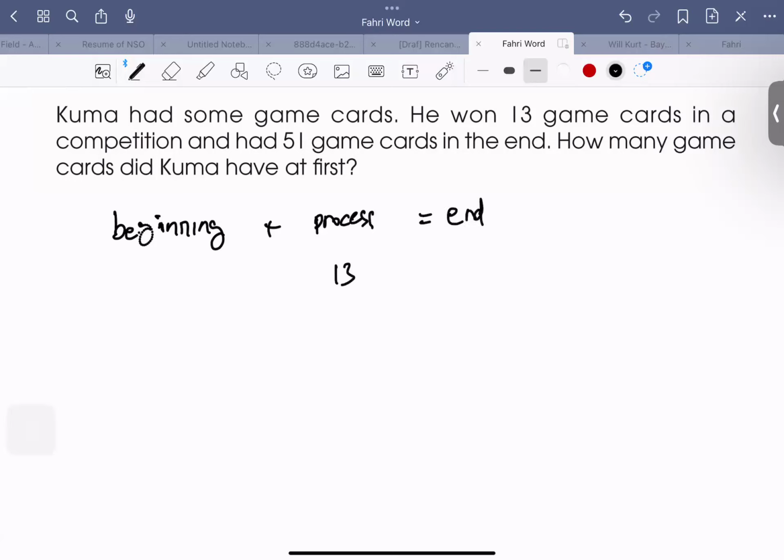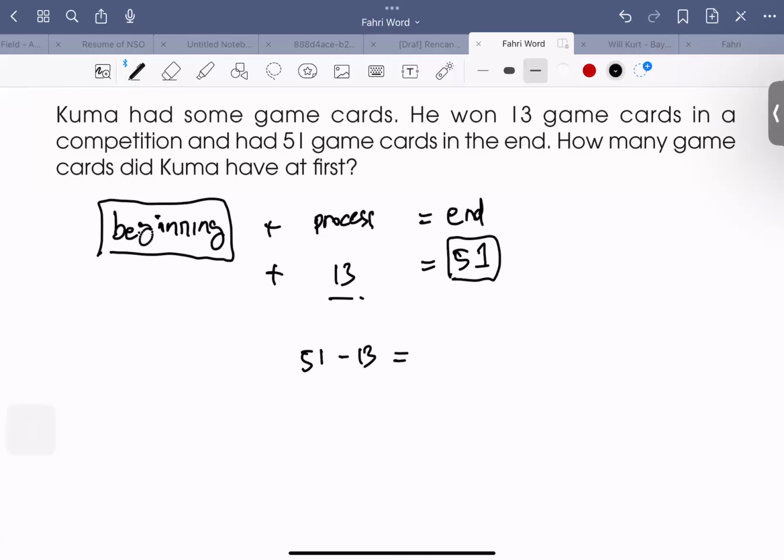That's why in the end, Kuma will have 51 game cards. So to find the beginning or the initial condition, we need to subtract 13 from 51. That's why we will have 38 game cards in the beginning.